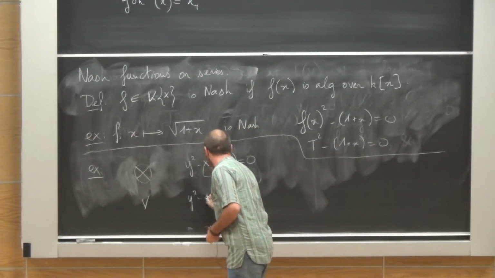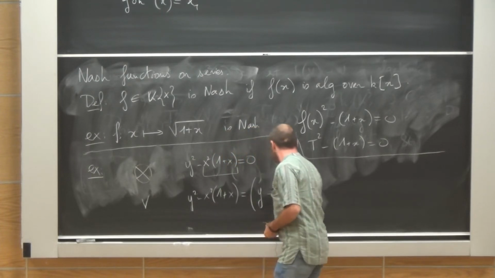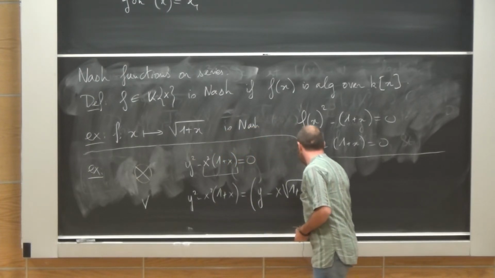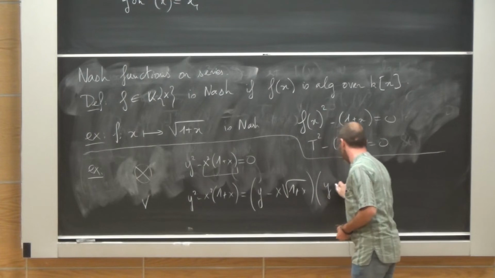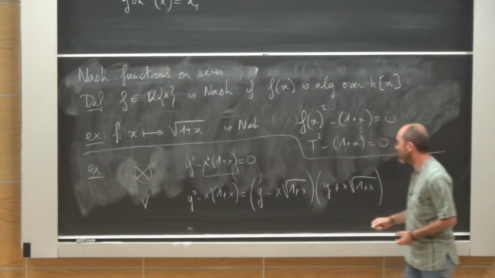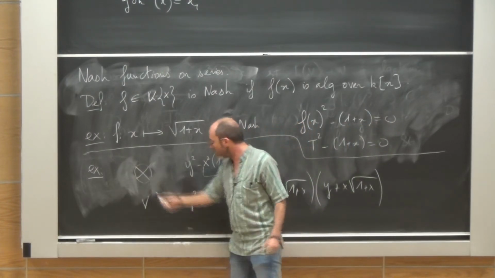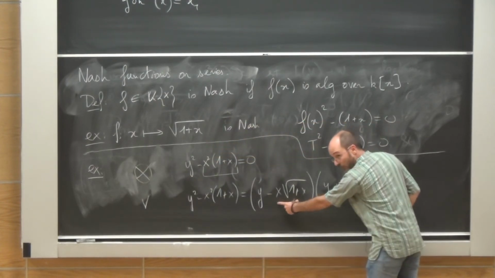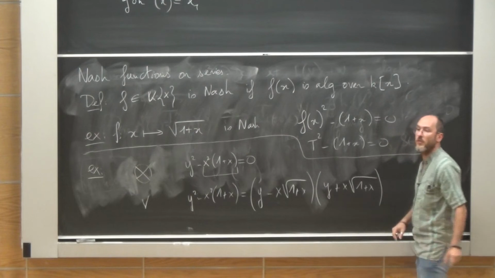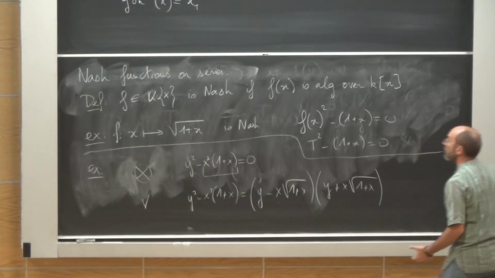Because in fact, y squared minus x squared times 1 plus x can be written as this. And so the zero locus of this polynomial, locally at the origin, is the zero locus of this function union the zero locus of this function. And it's a general fact.